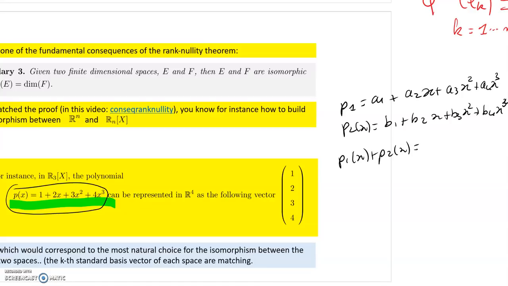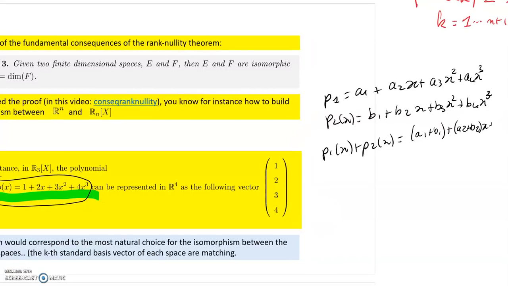It's just going to be the polynomial represented by a1 plus b1, plus a2 plus b2 times x, etc.